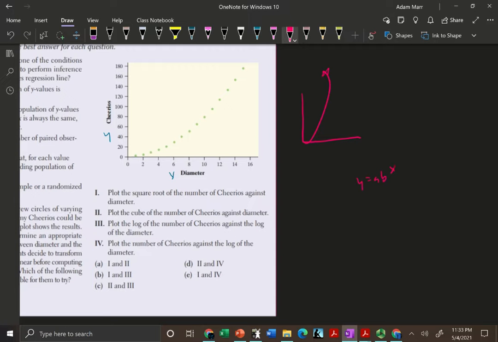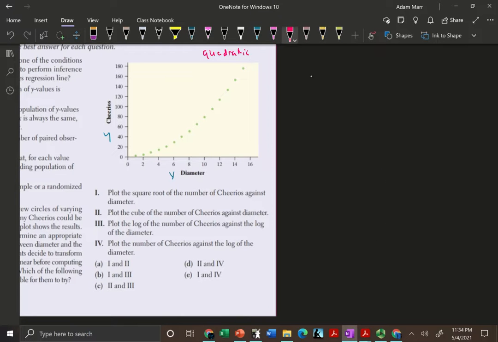So, even if it's like y equals, I don't know, 3 to the x power, think. 3 to the 4th is already 81, all right, and 3 to the 5th is 243, so it goes way up. This is just really gradually going up. So this kind of looks like a quadratic, or more than likely a quadratic, maybe a cubic, but we know it's a power model.